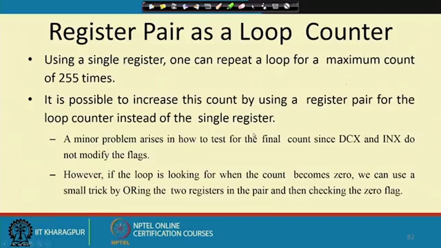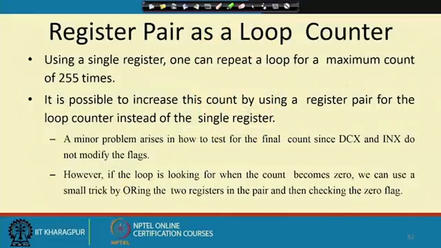We can also use a register pair as a loop counter. In the previous example, the maximum looping count is 255 only. If you want to change this, we have to use a register pair for the loop, because with a register pair I get a wider range: with a 16-bit value, the maximum value is 65535.